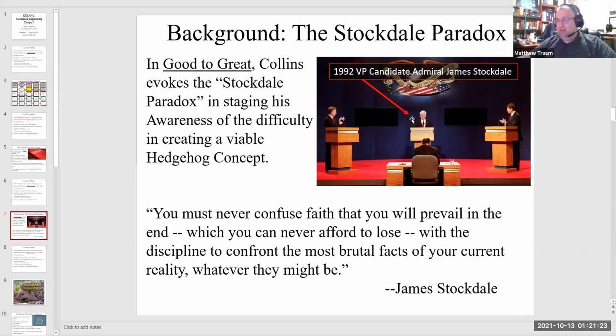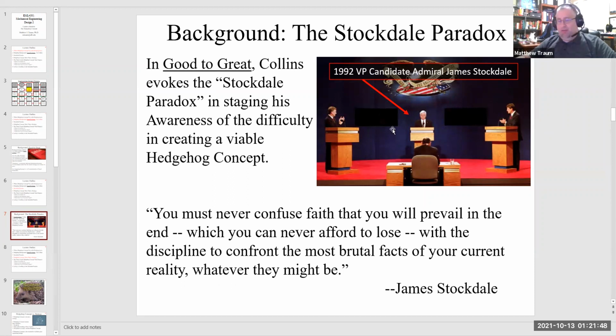And so here's Stockdale at the debate, and then of course here's Dan Quayle, who was the vice presidential candidate and the vice president under George Bush, the original George Bush. And then here is Al Gore, who was the vice president under Clinton, Bill Clinton.